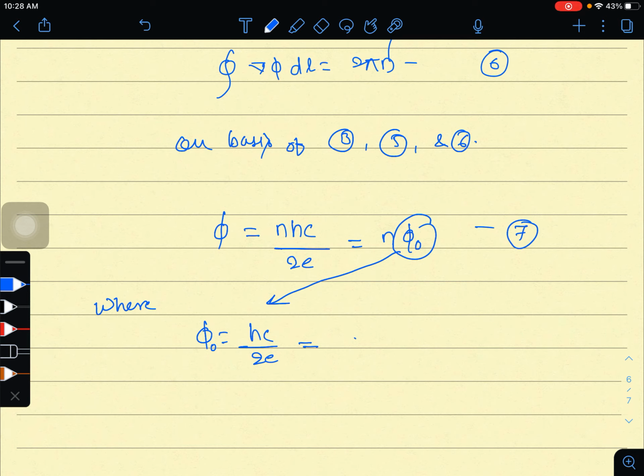The value of this factor is 2.07 into 10 to the power minus 7, and the unit is Gauss centimeter square.